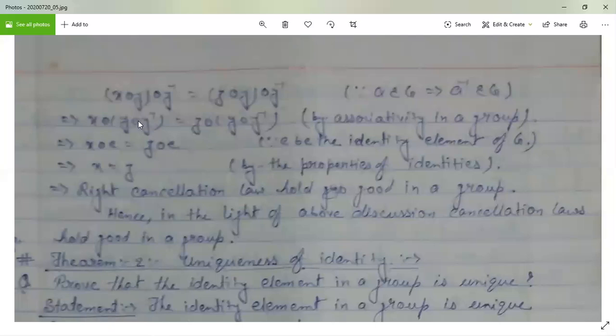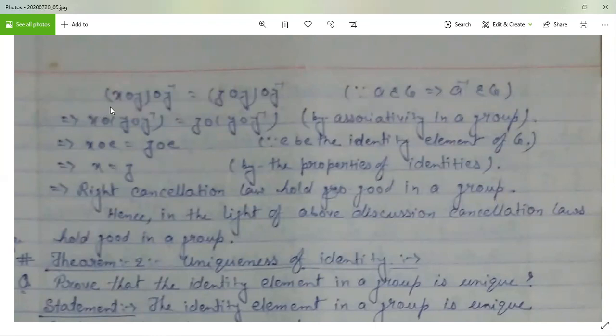On multiplying both sides by y inverse, we get x o y inverse equals z o y inverse. Since a belongs to G, this implies that a inverse belongs to G. That means any element of a group has its inverse in that group.